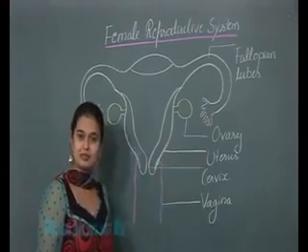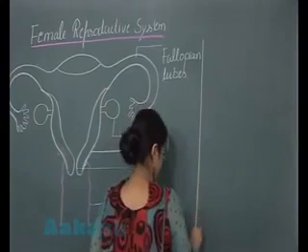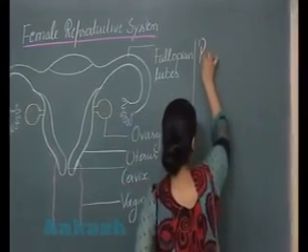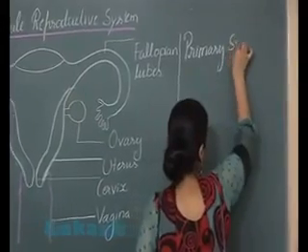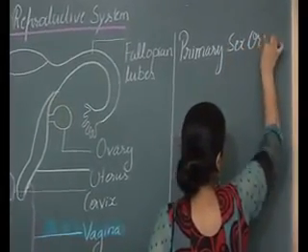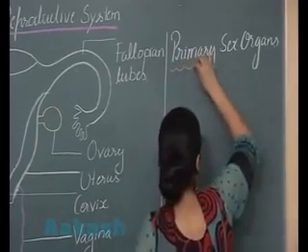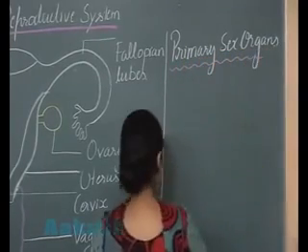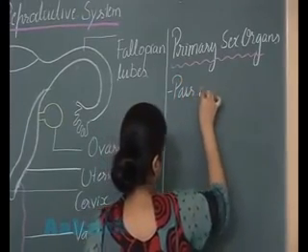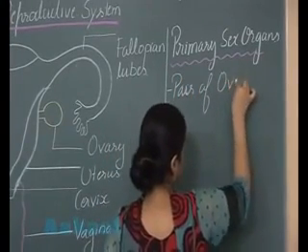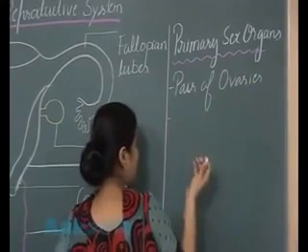So let's write this information. Primary sex organs are represented by the pair of ovaries, and what is their function?